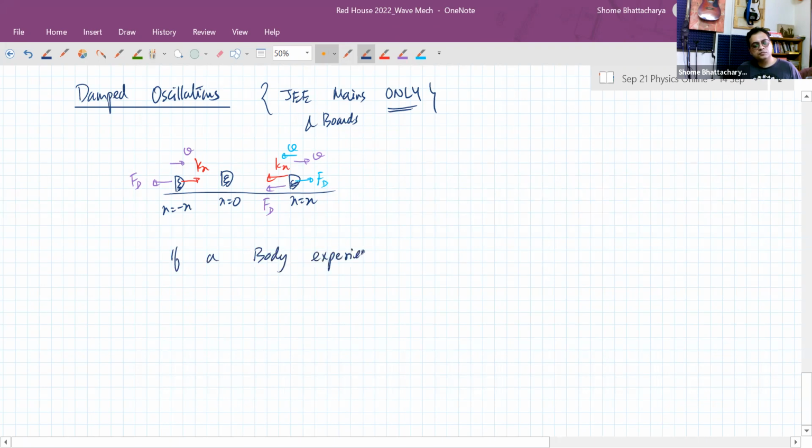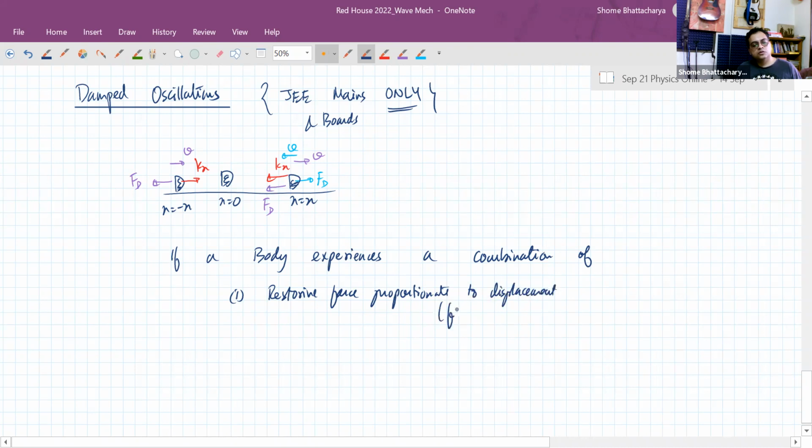Okay. So if a body experiences a combination of two forces: a restorative force proportional to displacement from the mean position, it experiences a minus kx type of force.